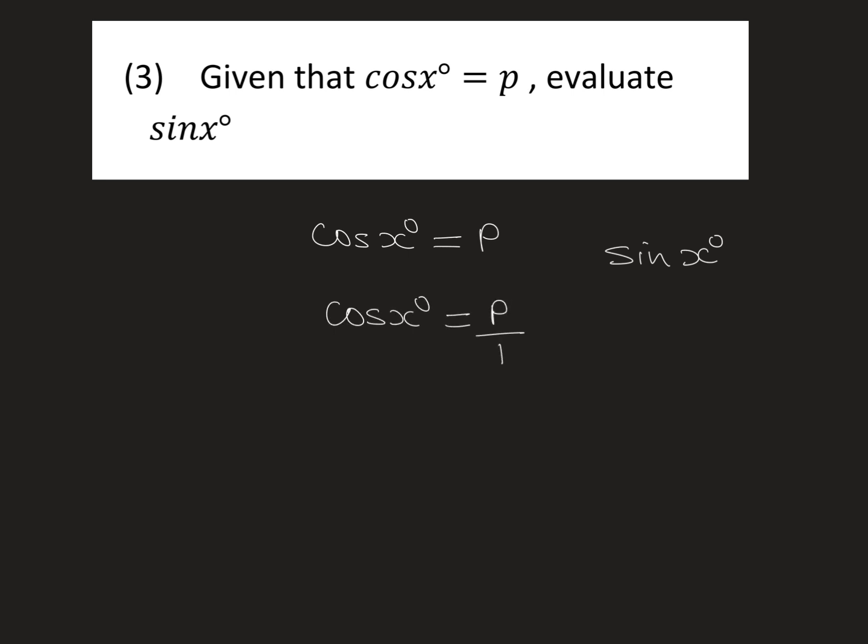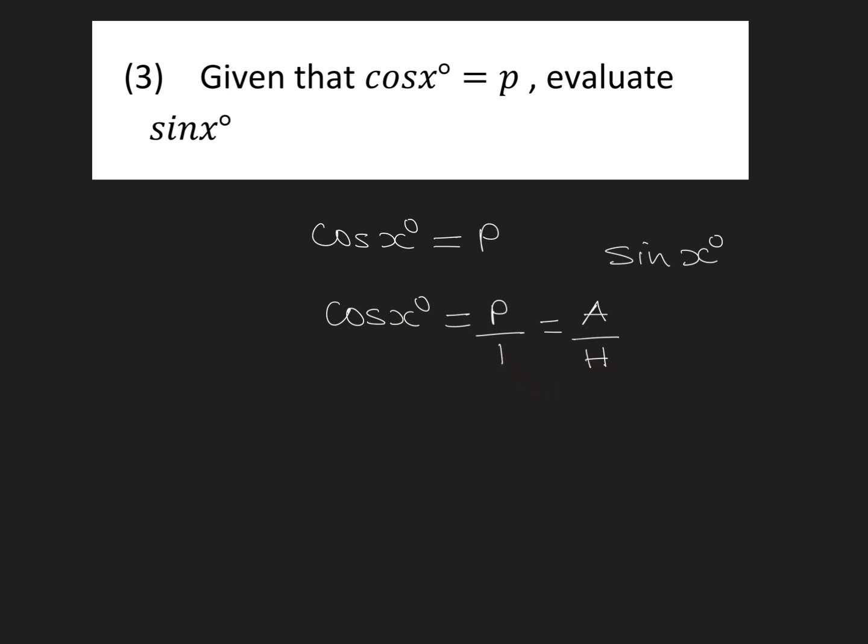It does not change, okay? Because anything divided by 1 is the same. I did this because I want to know the two sides that involve cosine. So cos is adjacent divided by the hypotenuse. So meaning that for this triangle, the adjacent is p, the hypotenuse is 1.